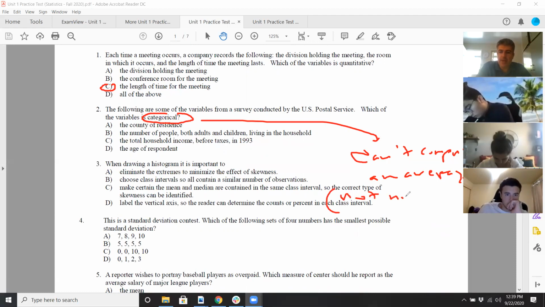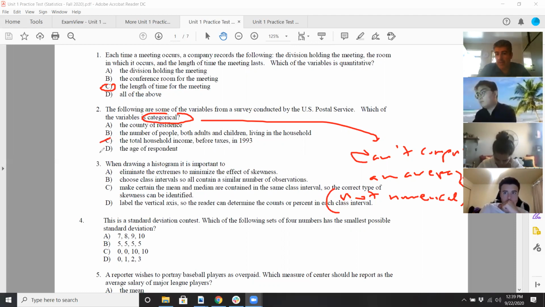So something that's not numerical or not necessarily measurable. Like household income, you can find an average. Like you can say, this guy makes $100,000, this guy makes $200,000, this guy makes $50,000, this guy makes $1 million. I can average that. The age, I could average that too.